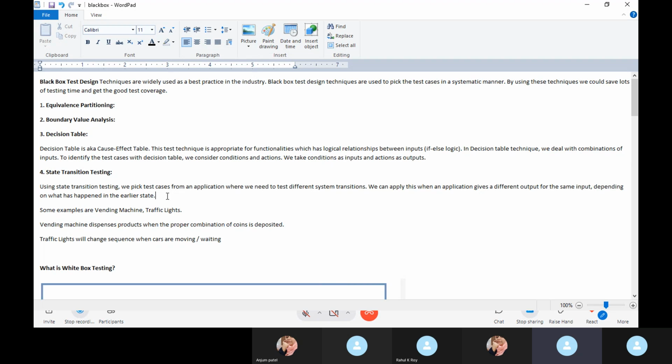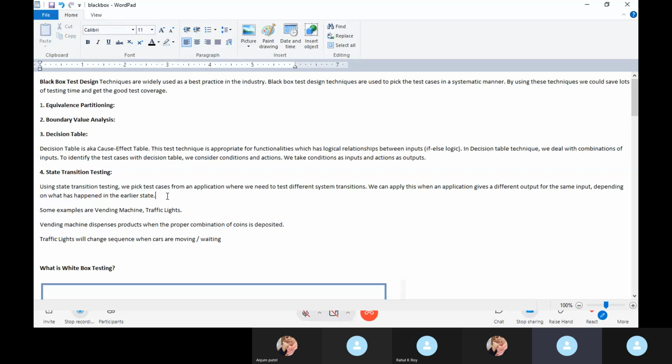Let's suppose initially you have an account and that is 10,000 rupees. You have gone to the ATM and you have withdrawn 5,000 rupees. This is your first input.